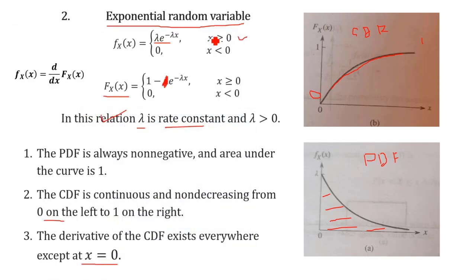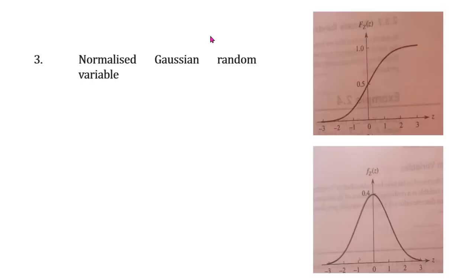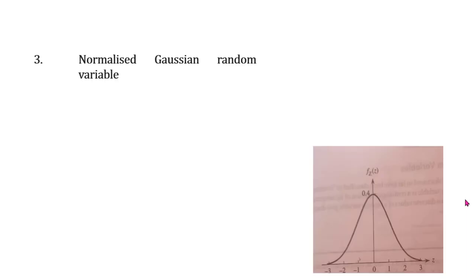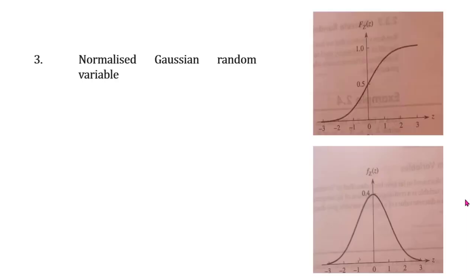All right, so the next type of continuous random variable is called the normalized Gaussian random variable. Keep these two graphs in your mind. You should keep 3 points in your mind. A variable y is used to represent the normalized, and for a normalized Gaussian random variable we must make use of a variable z here.